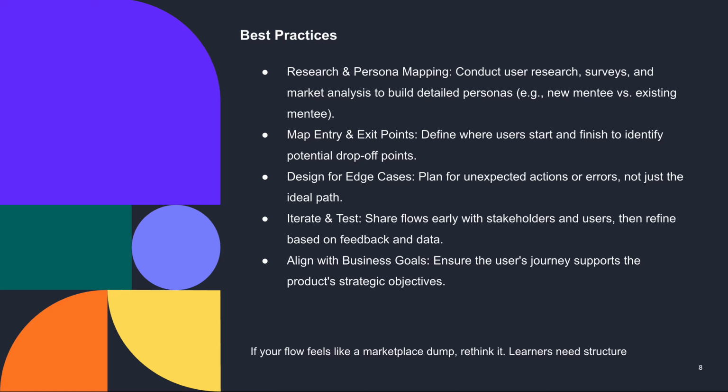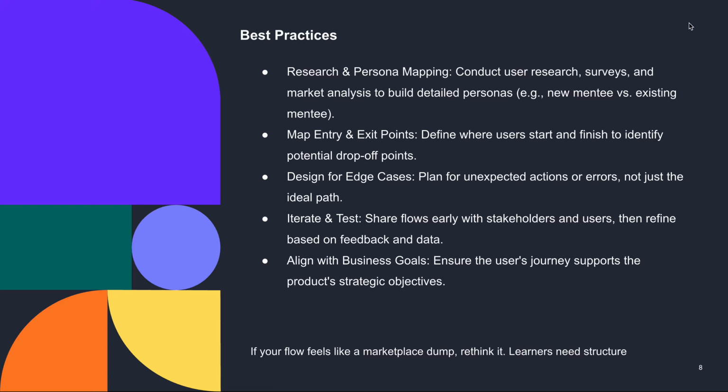So ensure that you're always aligning with your business goal. You're always doing your user flow for the company to achieve their business goals. Now remember that this is one of the core things that a PM should do, to make sure that the features being designed and built are achieving business goals.